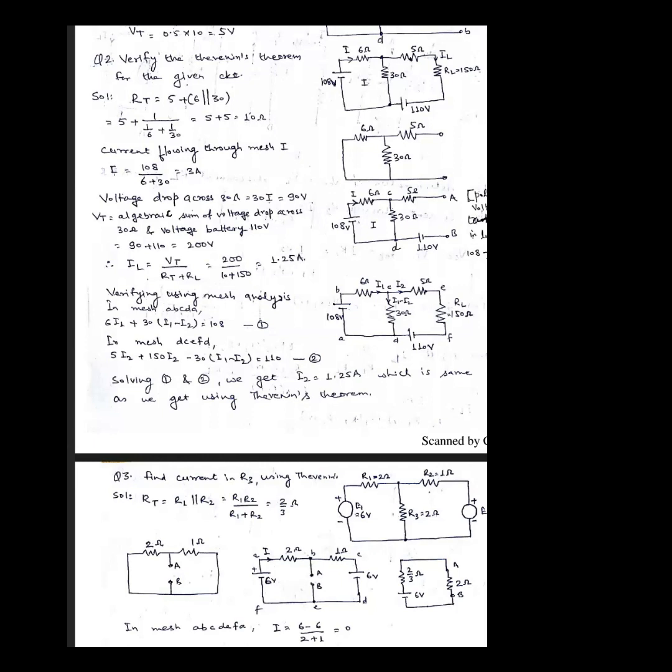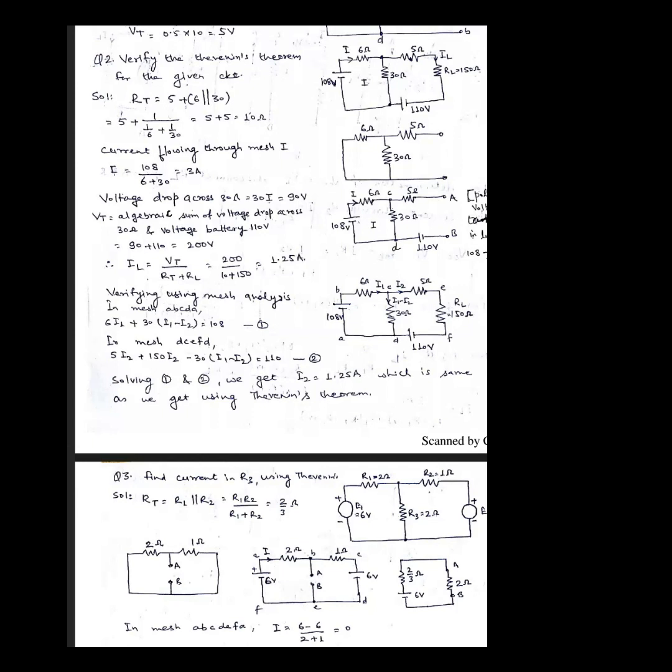So here two battery sources are given in this DC network and a load resistance in the rightmost section of the circuit is given as 150 ohms. So by and large in the Thevenin theorem, we are required to calculate the Thevenin voltage and Thevenin resistance.